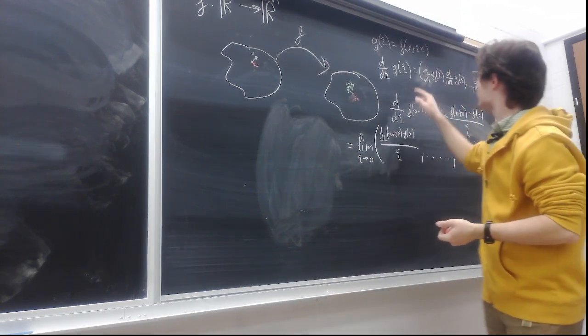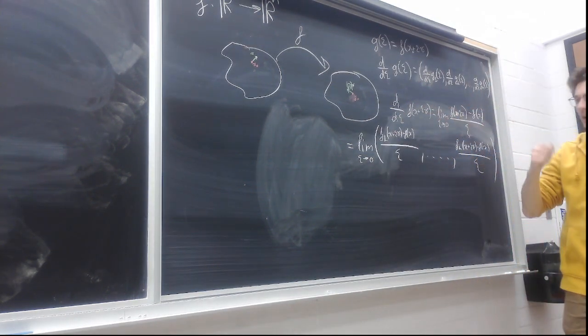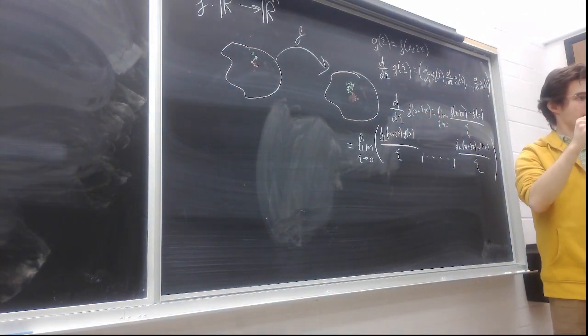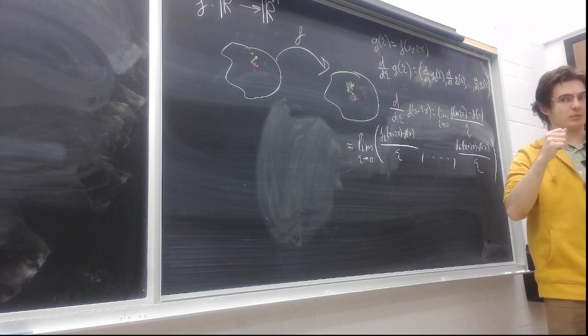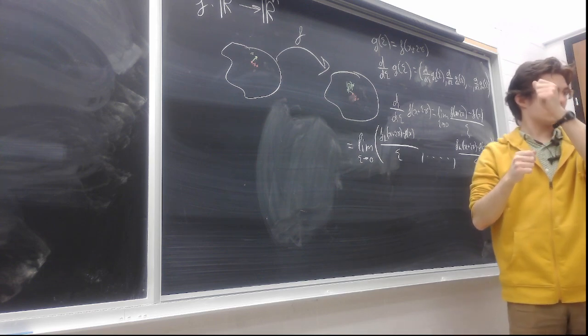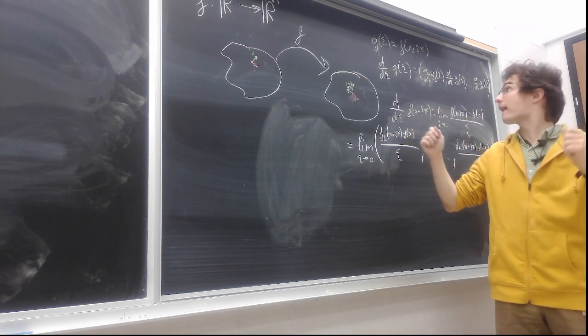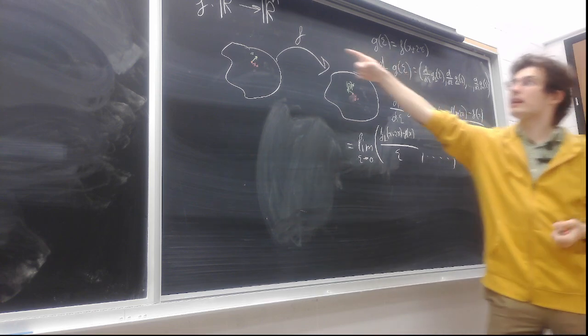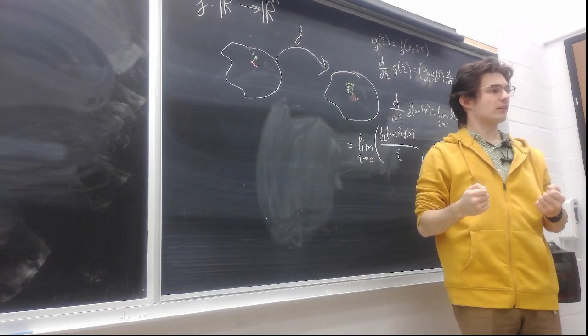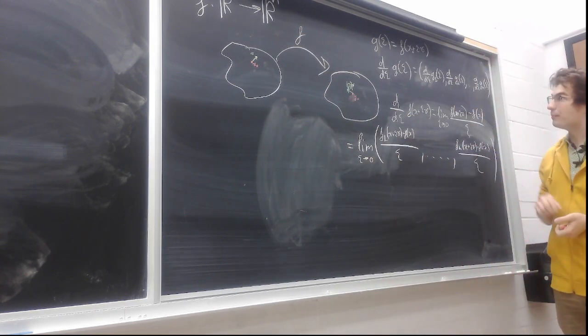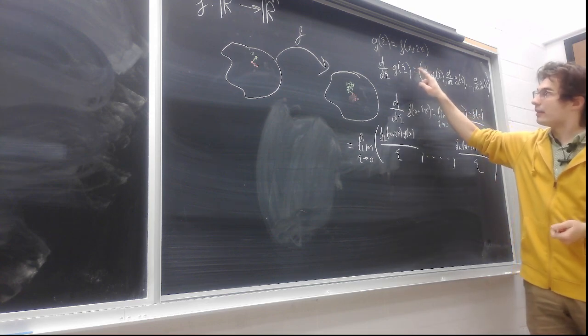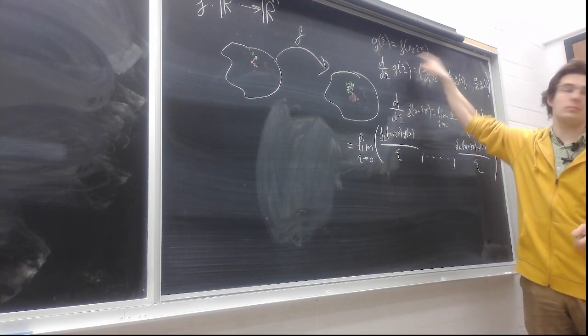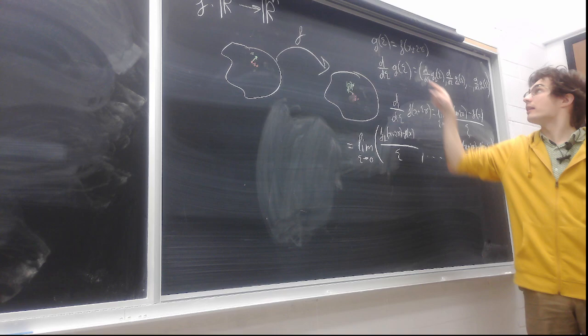So we can write f of x as some f1 of x, the first component, f2 of x, the second component, and so on and so forth. And there has to be n of them because the output is in R^n.